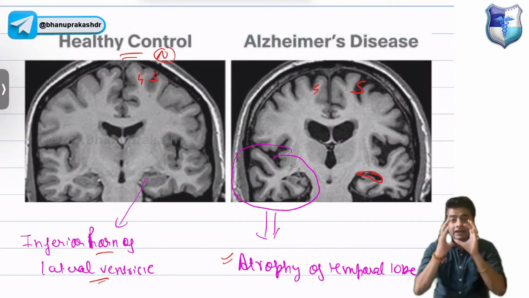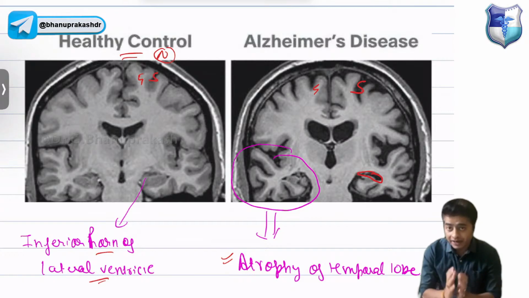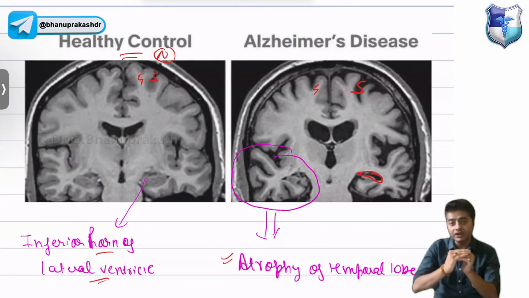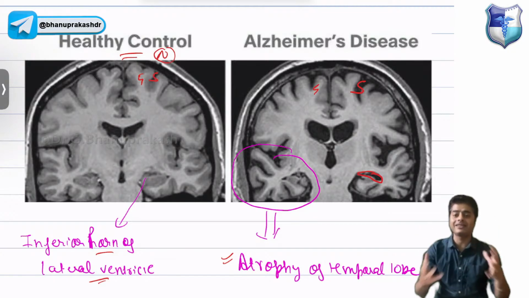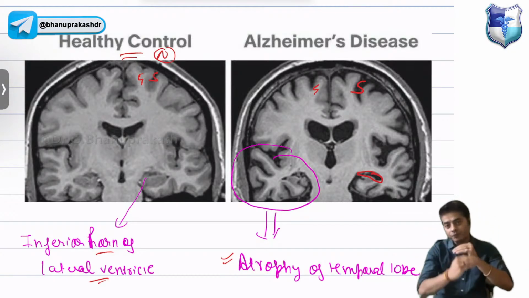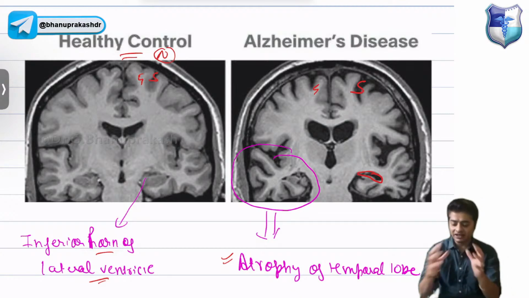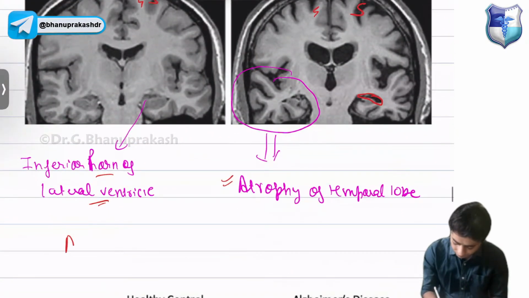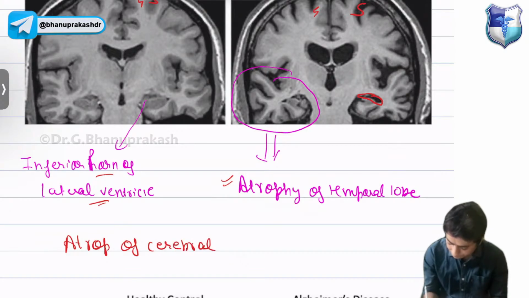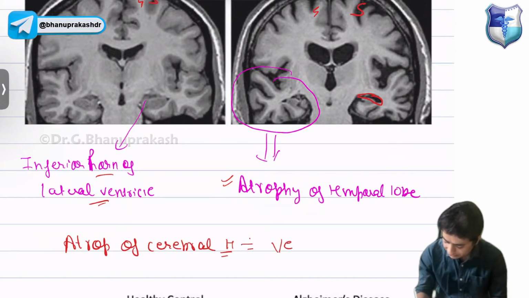You will notice especially atrophy of the temporal and parietal lobe, and the inferior horn of the lateral ventricle near the hippocampus will get widened due to ex vacuo dilatation of the ventricle. Whenever there is atrophy of the cerebral hemisphere, the ventricles take that space.